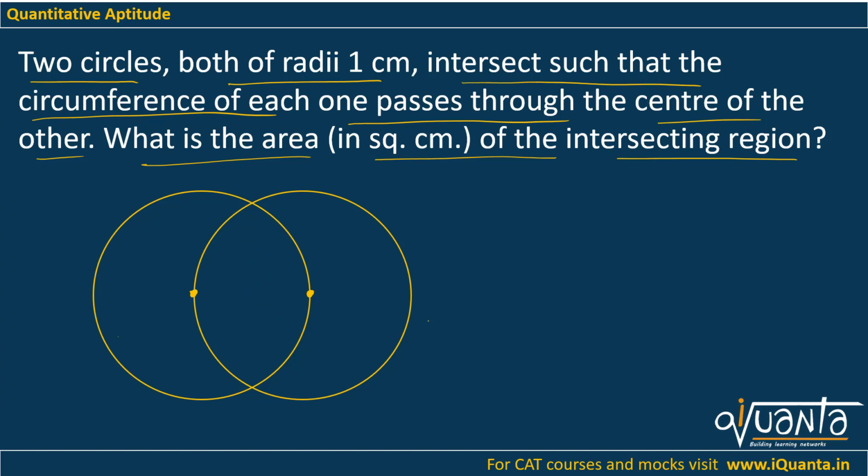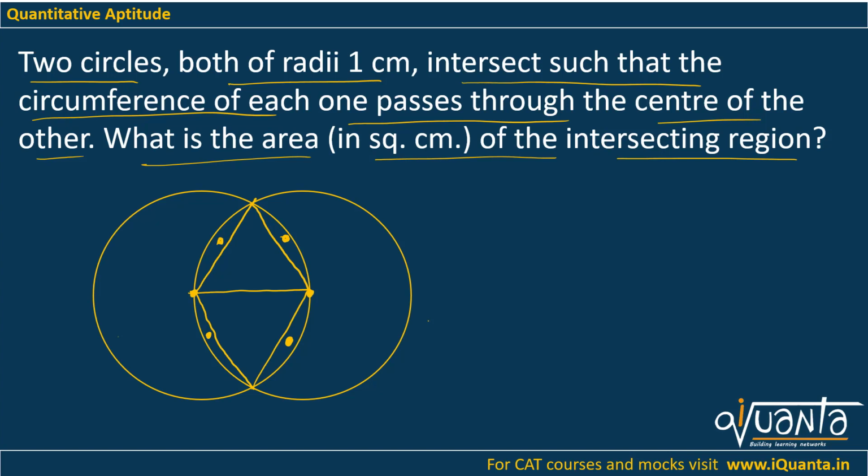For example, I'll make a few lines over here and try to break this region into figures for which I know the area formula. So if I join the centers, these two, then similarly these two over here. Now I have 1 2 3 4.